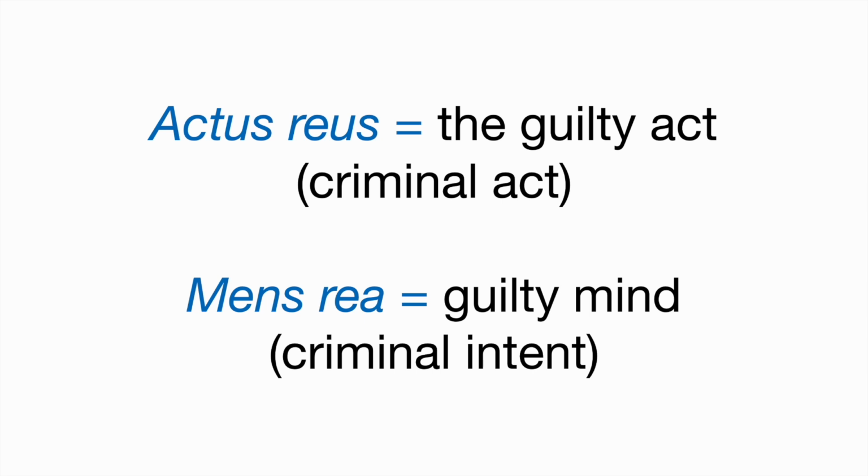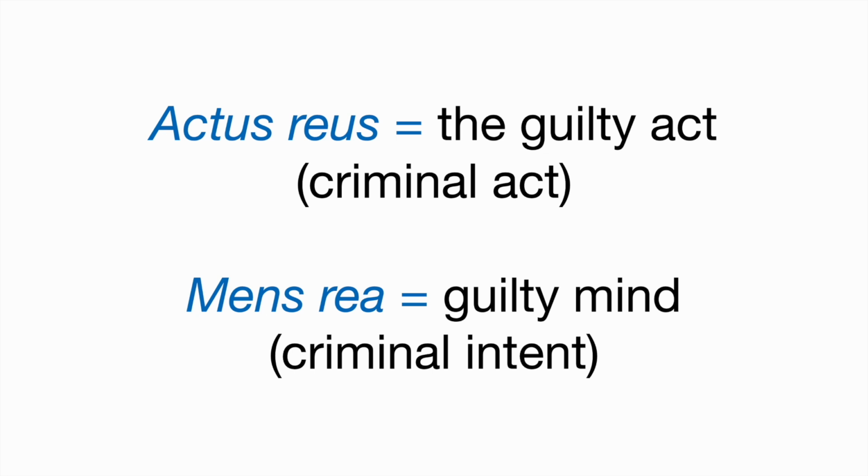The term Actus reus is a Latin term, and it means the guilty act. Think of this as the criminal act, the thing that the person did that was wrong. That must be coupled with mens rea, which means guilty mind.